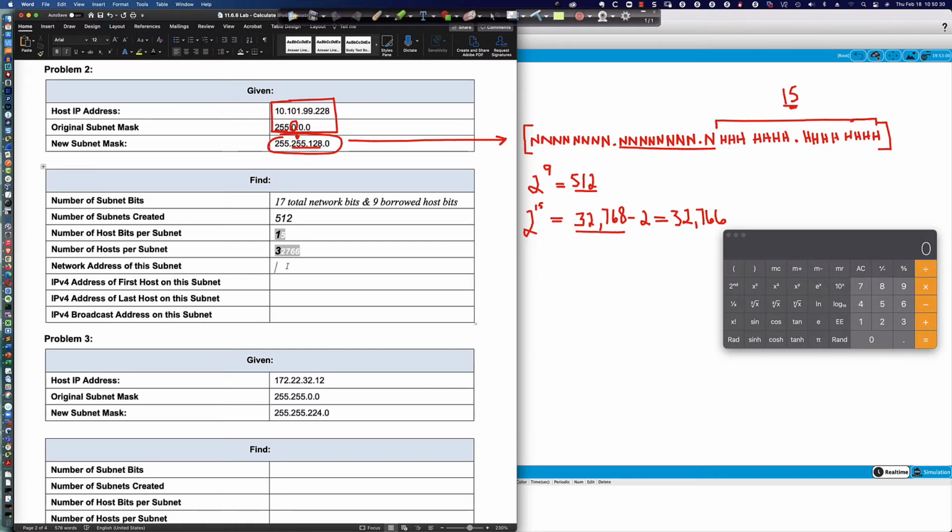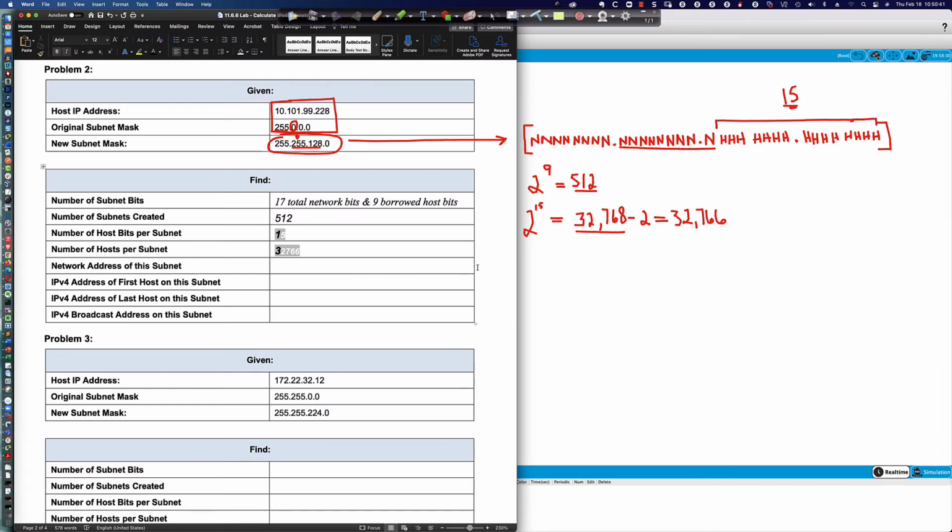Now, it wants to know the network address of this subnet. And so here's where it might get a little bit tricky, because the little shortcut that I showed you earlier, where we figured the block size out, well, we do know the block size. We know the block size is 32,768.